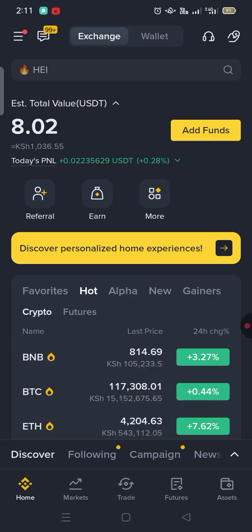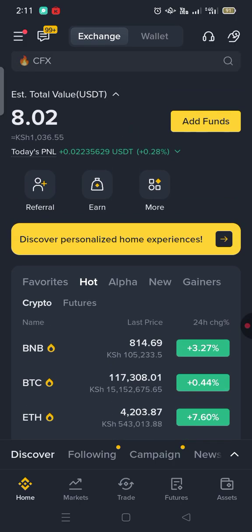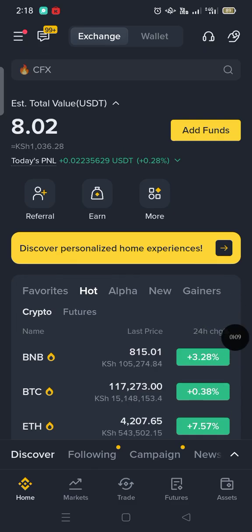Into the video itself, the first thing you must know is how to deposit or add funds on your Binance app. The good thing with Binance is you can do P2P. So as I was saying, the first thing you need to do is add funds to your Binance account, and that is through P2P.